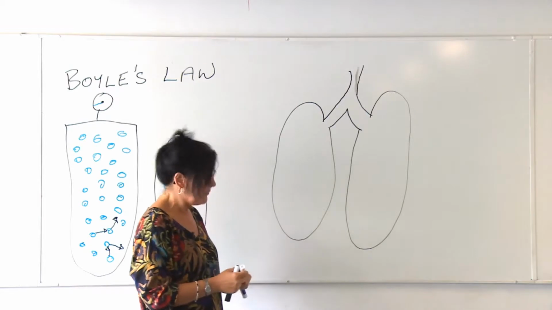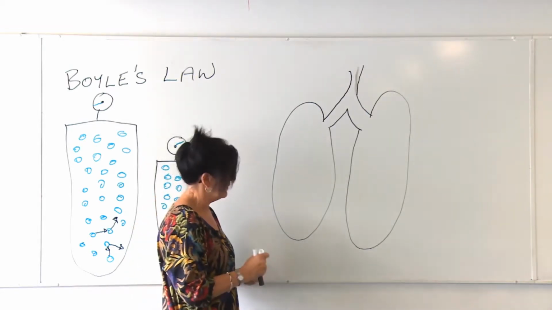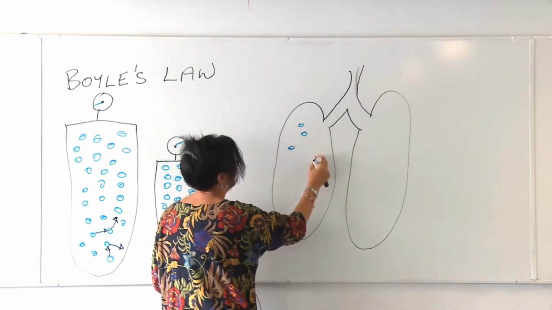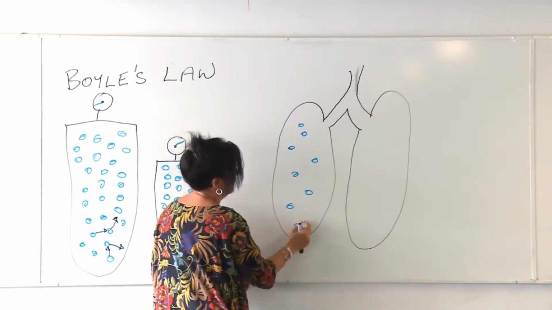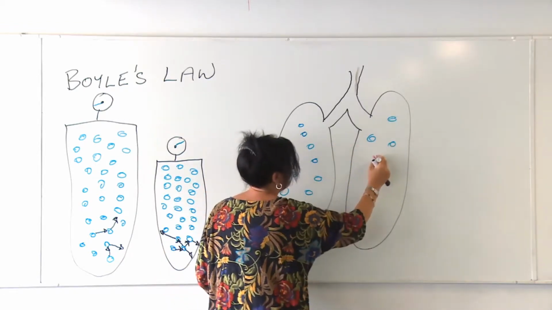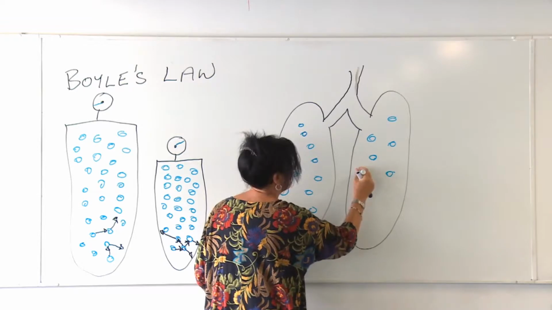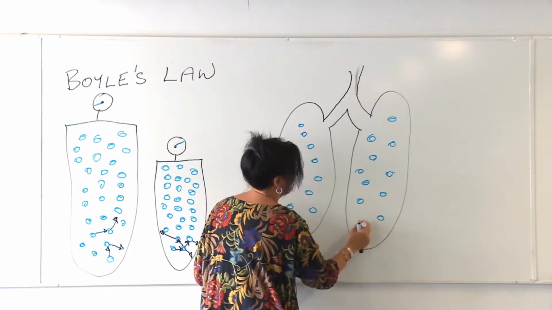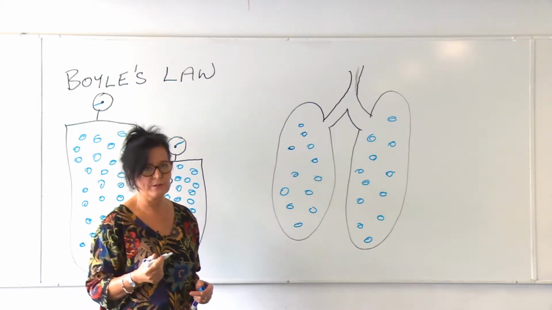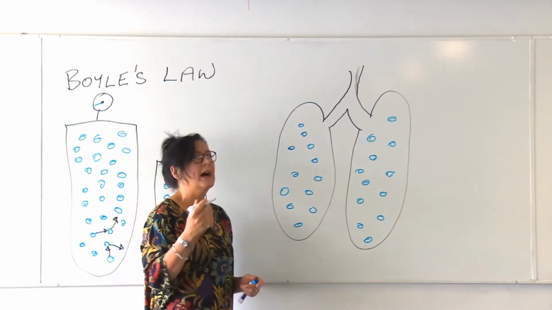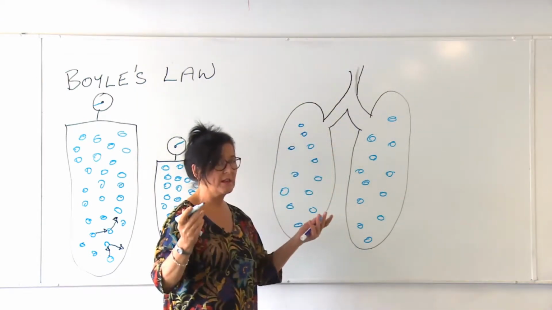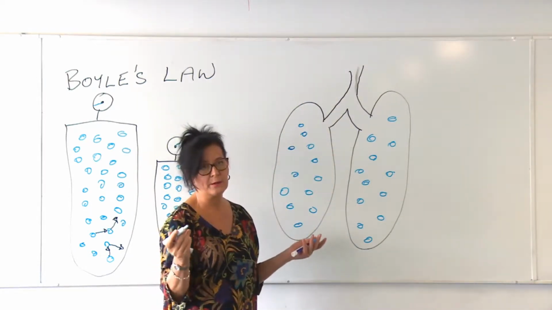So again, if we've got air in our lungs, so here's our air, in both lungs, hopefully, and it's at a certain pressure. Now, the outside, so if we go outside the lungs, of course, we're talking about atmospheric pressure.